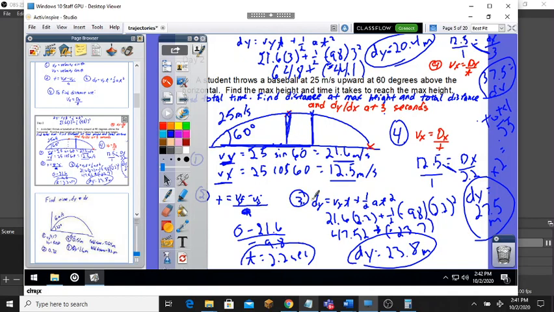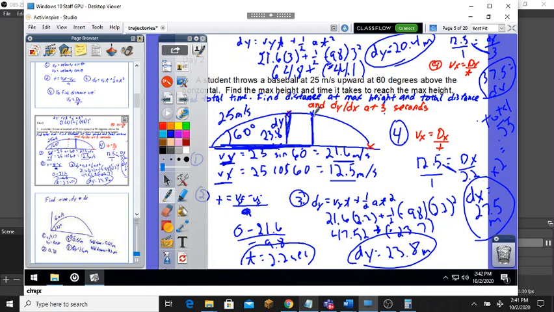That's your dy, right? That's our height. How high is that? 23.8 meters, okay? And how far is it from here to here? That's our dx, 27.5, okay?